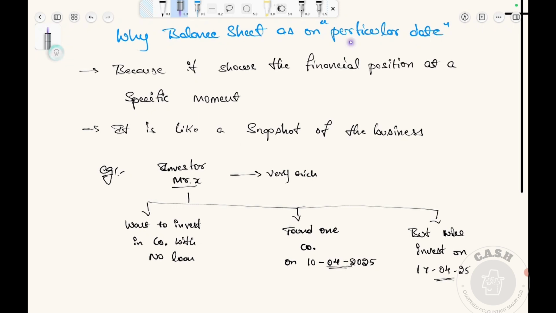If that particular date is missing, you will never know which reality you are looking at. So the balance sheet is prepared as on a particular date because assets and liabilities keep changing and the investor must see the latest financial truth. If you understood this clearly, comment balance sheet is a snapshot.